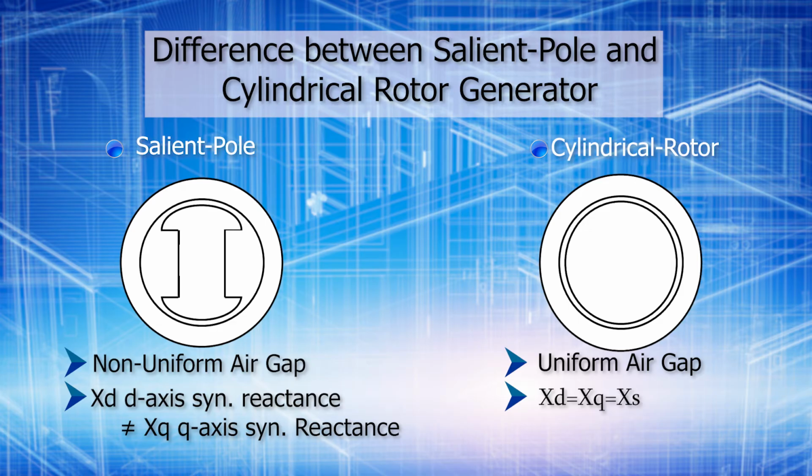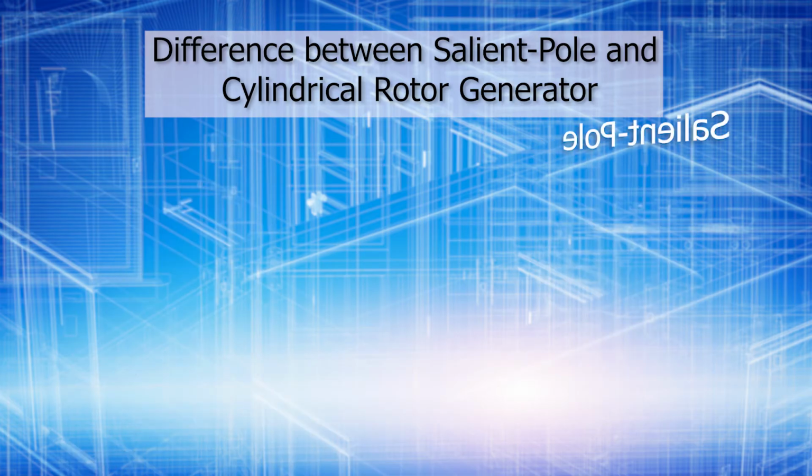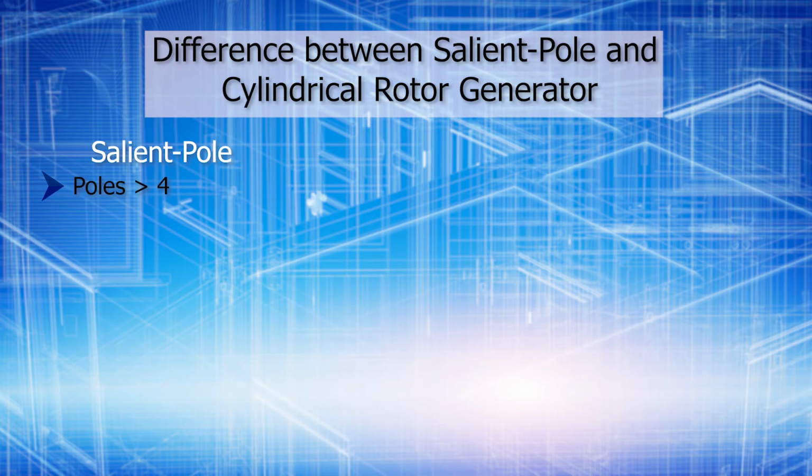All these features make the salient pole more suitable for low speed operation, whereas cylindrical rotors are preferred for high speed operations. In case of salient pole, the number of poles is generally more than 4, whereas in cylindrical rotor, the number of poles is less than or equal to 4.